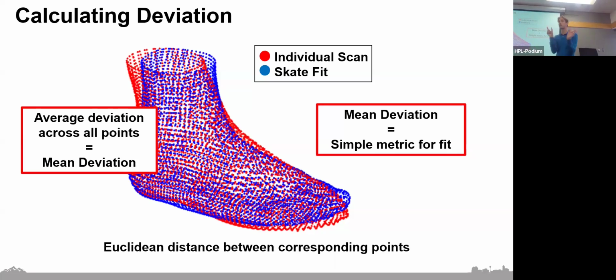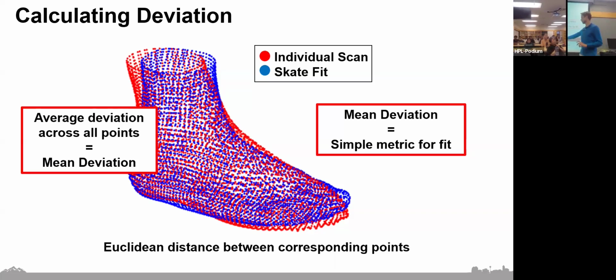That's the Euclidean distance between the two. So you sum that up for all of the 5,000 points in this scan, and you take the average of that, and that becomes the mean deviation metric. If one region is more deviated than the other, it will affect your average. Yeah, yes.